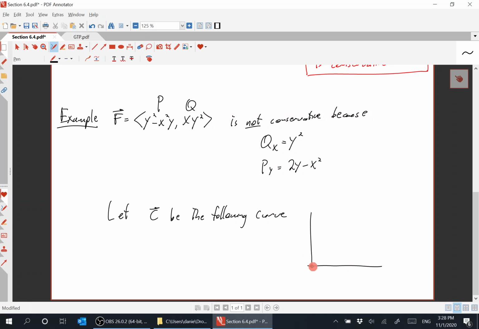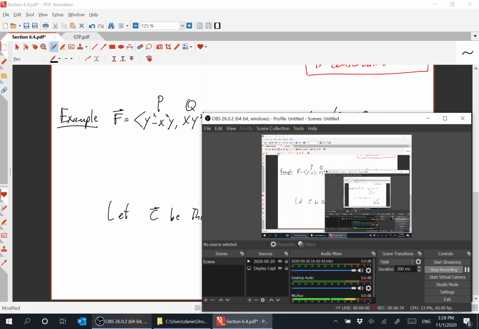So we'll take the line segment that goes from (0, 0) out to (2, 0), and this line right here and this circle. So this is the point (square root 2, square root 2), and then this is the boundary of the circle. So this curve here oriented in the counterclockwise direction.